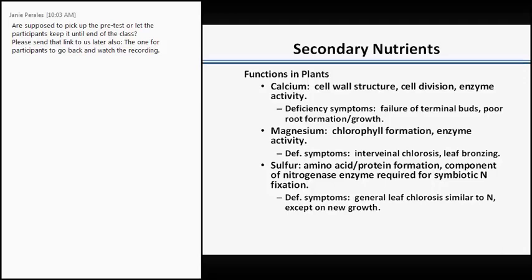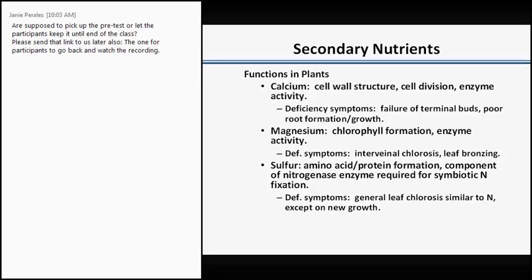So it plays a very major role as far as the nitrogen fixers are concerned. Symptoms are general leaf chlorosis, very similar to nitrogen, and it gets kind of a whitish color, whereas nitrogen deficiency usually gives you more of a yellowing. The sulfur deficiency gives you more of a white color.